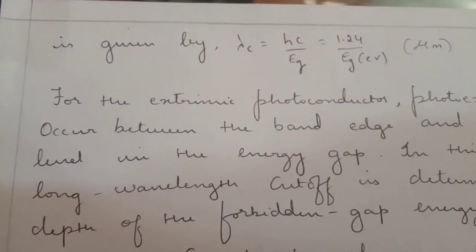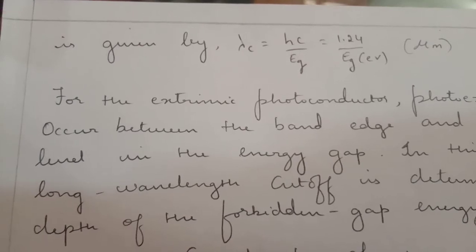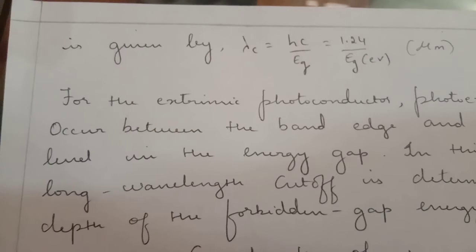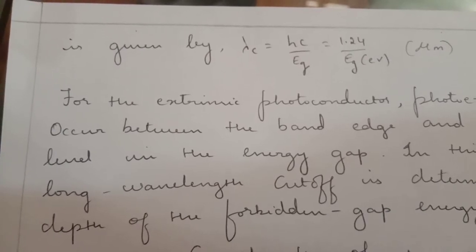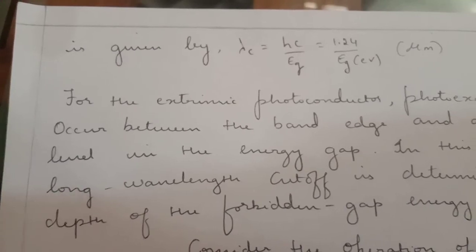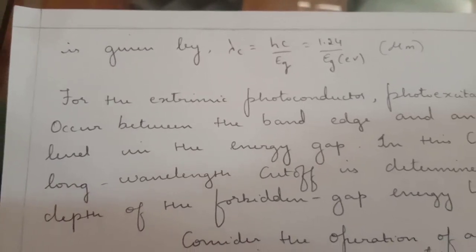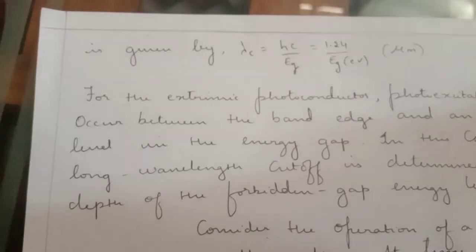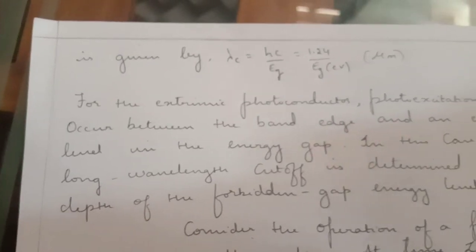Now let us see the case of an extrinsic photoconductor. In an extrinsic photoconductor, photoexcitation may occur between the band edge and an energy level in the energy gap. In this case, the long wavelength cutoff is determined by the depth of the forbidden gap energy level. So here we don't have an equation.